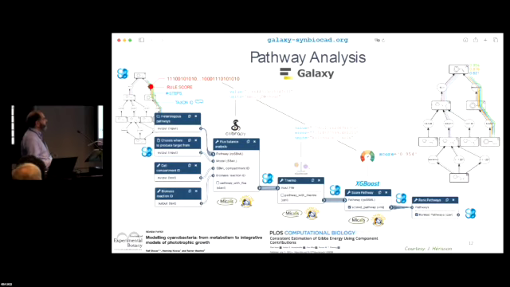Or, for instance, another main step, which is the pathway analysis, which is the one that tries to sort, from the initial candidate pathways, what will be the most promising pathways. And for that purpose, there are different types of features that you can score, like, for instance, energy or fluxes and so on. So everything is put together in order to try to find what will be the optimal design.